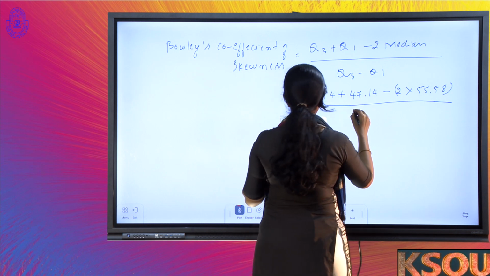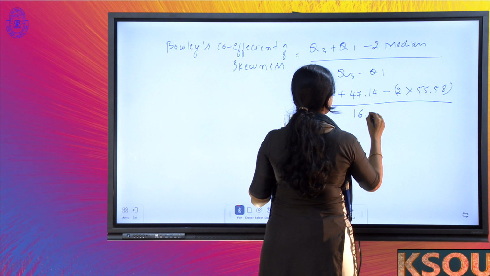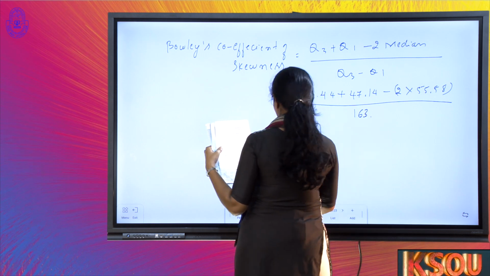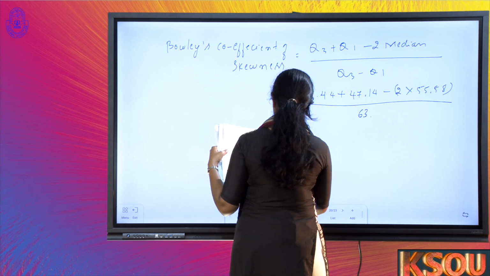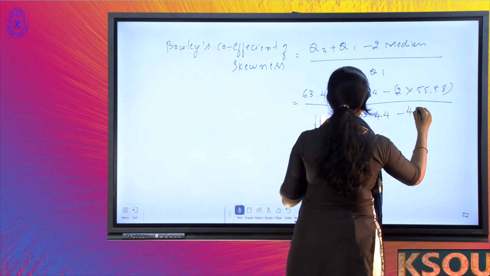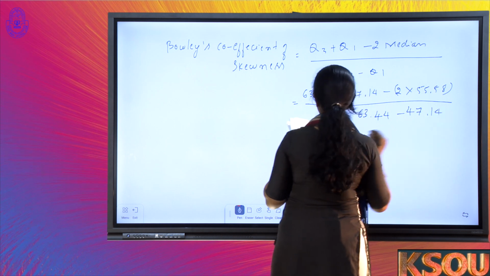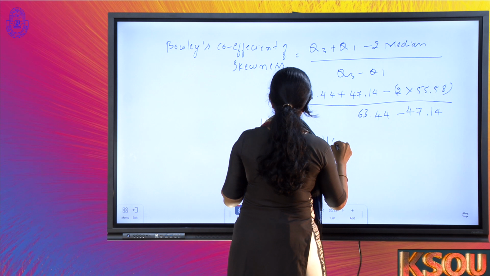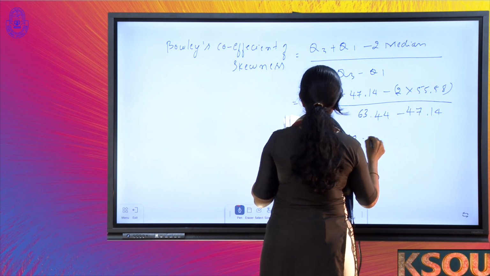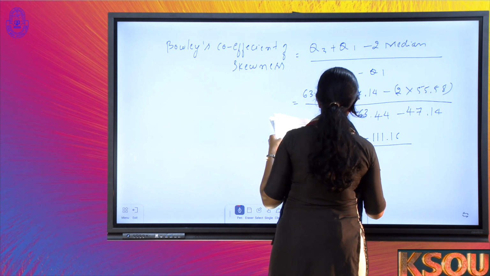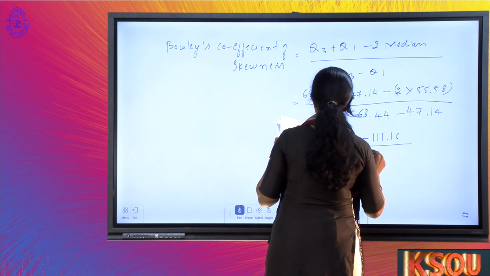So, in the denominator 63.44 minus 47.14. So, you will have to get 110.58, 111.16 by 16.30.